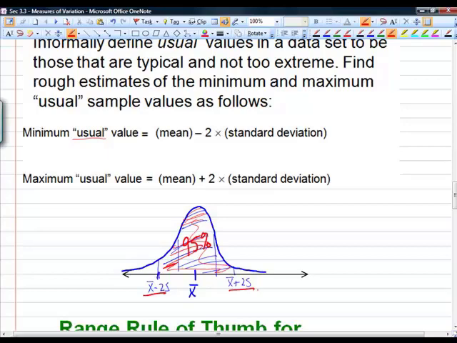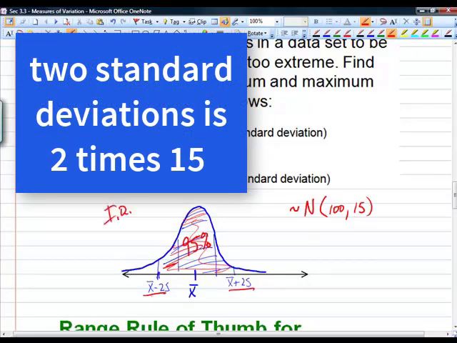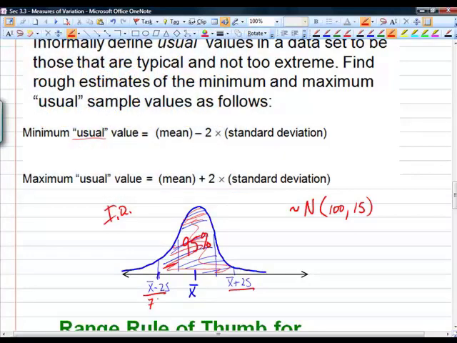For example, if we're looking at IQ scores are normally distributed with a mean of 100 and a standard deviation of 15. If you want to know what the cutoff is for unusually high or unusually low IQ scores, we would take the mean and we would subtract how much for unusually low. 100 minus 30 is 70, so 70 separates the unusually low from just the low IQ.